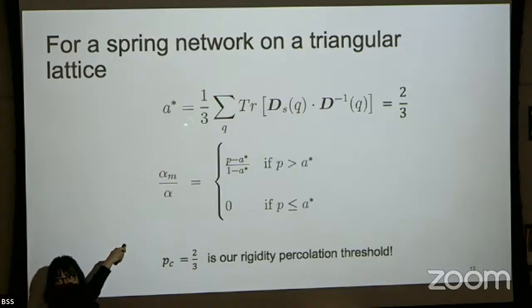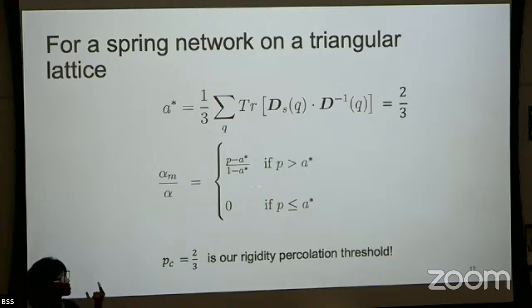For a square lattice, D by Z is 1/2, right? So you might ask, where is this 3 coming from? That's because Z is 6 and D is 2. So this is 1/3. So for a square lattice, A star is 1, right?